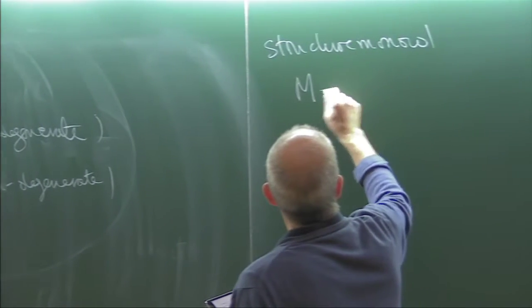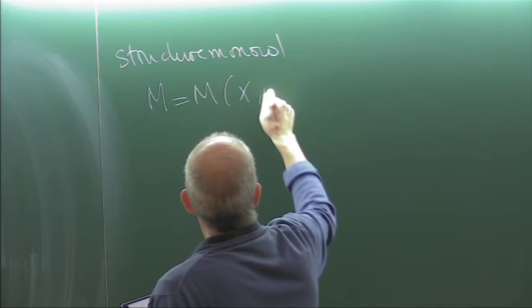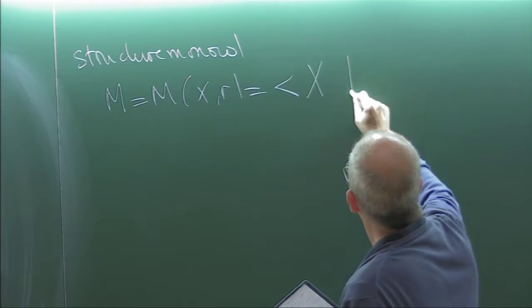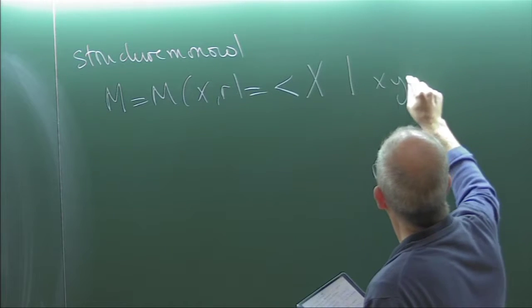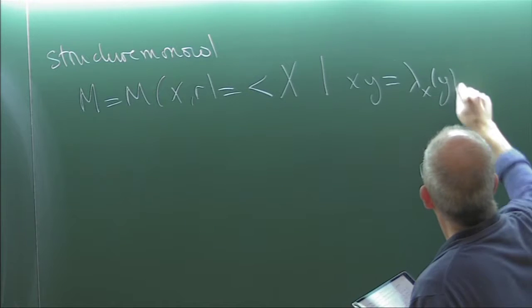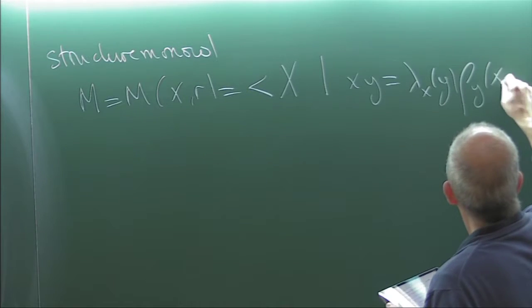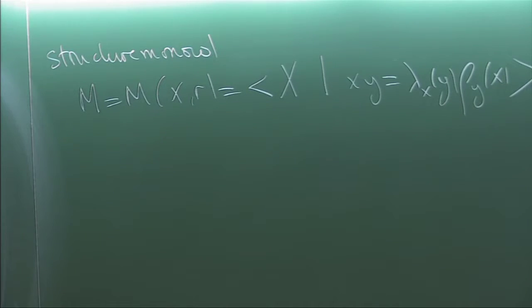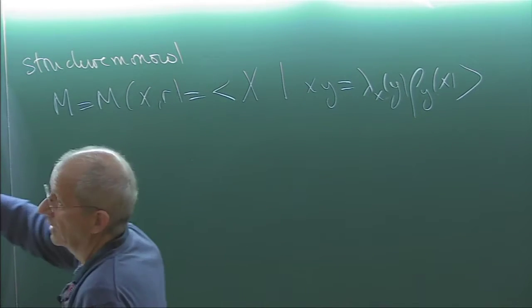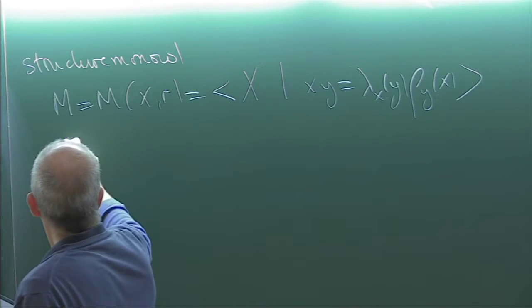I'll denote this with M. It's the monoid generated by the set X with relations xy is equal to lambda x of y, rho y of x. So this is the image under the R map that you use. That's the structure monoid. That's what Van den Bergh and Gateva-Ivanova were interested in.